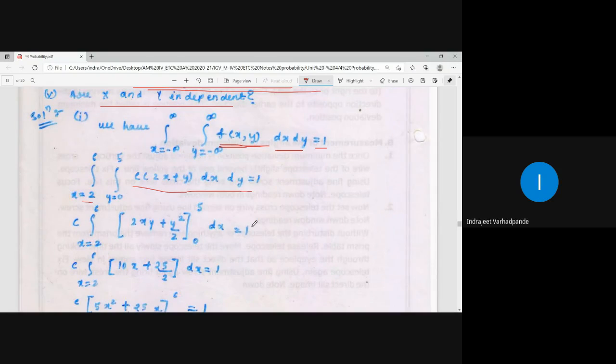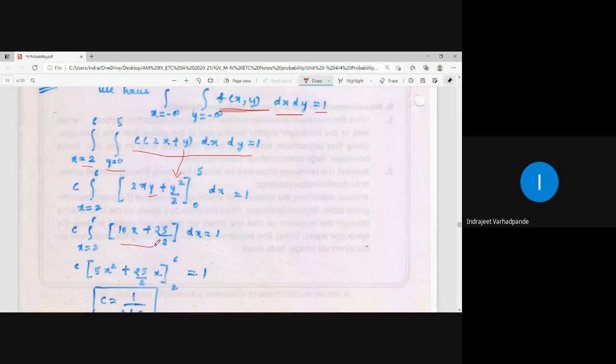Integrate first with respect to y, innermost integral, then outermost integral with respect to x. See, as it is 2 into x constant, integration of dy is y, integration of y is y square by 2. So accordingly we integrated first with respect to y. Put the limit as 0 to 5. After putting the limit as 0 to 5, you will get the answer which will be only in the form of x.